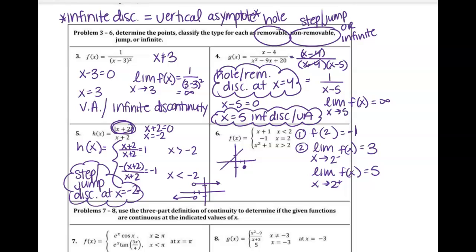If you plug in the value, this would be at 5, and so I'm sorry, there's a hole here. Okay, there's our line. It's not meeting where the actual point is. And then for x squared plus 1, basically we'll go up to wherever 5 would be, and we'll have our parabola. So essentially these are not meeting, right? And I don't see an asymptote. So this is going to be a step or jump discontinuity at x equals 2.